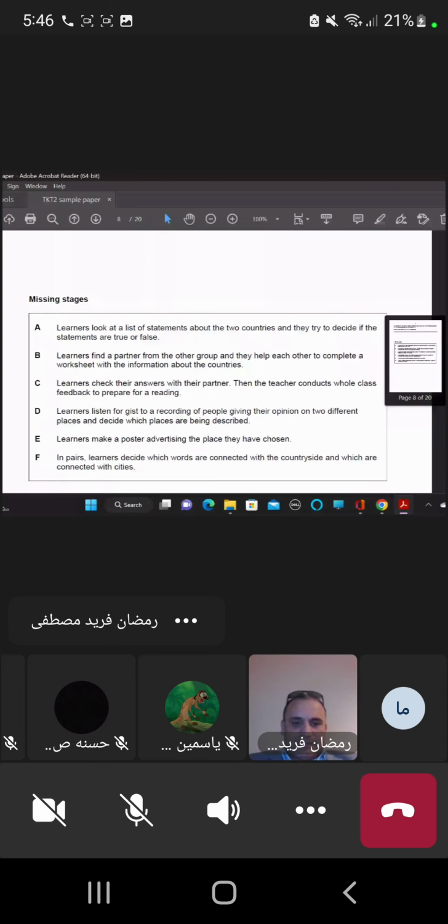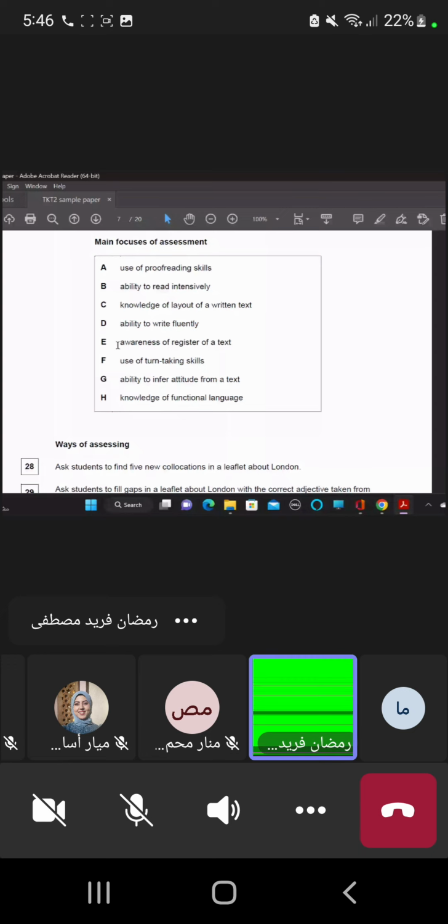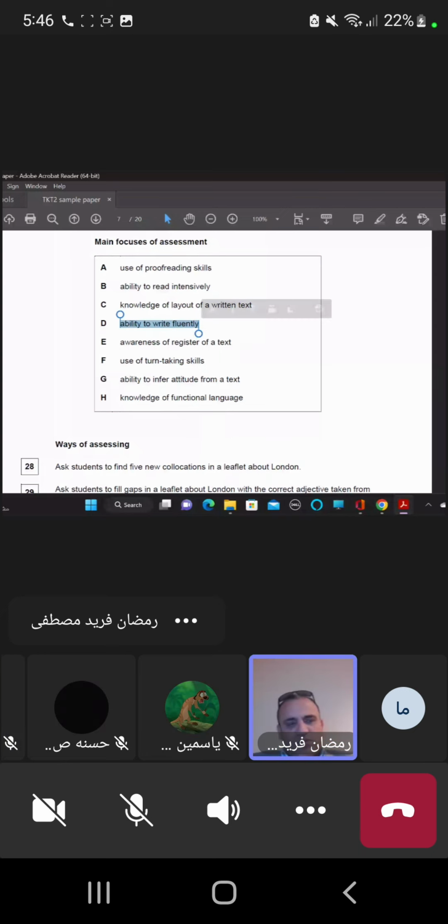Why isn't this ability to write fluently? Because I'm not asking for writing fluently, which means expressing yourself. If I say speed write, that would be writing fluently: write anything that comes to your mind. Tell me about what you did yesterday.